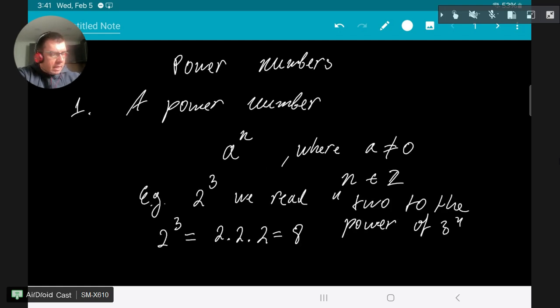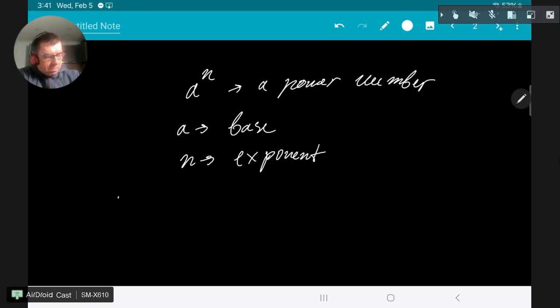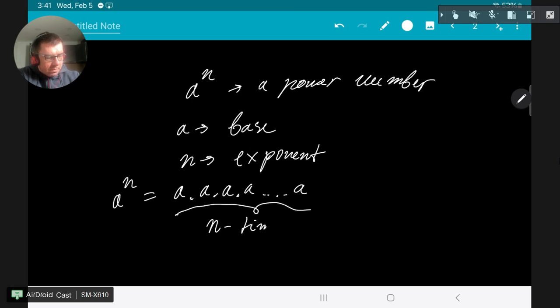As in the example I gave you, 2 to the power of 3, 2 is the base, 3 is the exponent. So we're multiplying 2 by itself 3 times. So a to the power of n means a times a times a, etc., a total of n times. This is the definition of a power number, as we are going to consider it as 6th graders.